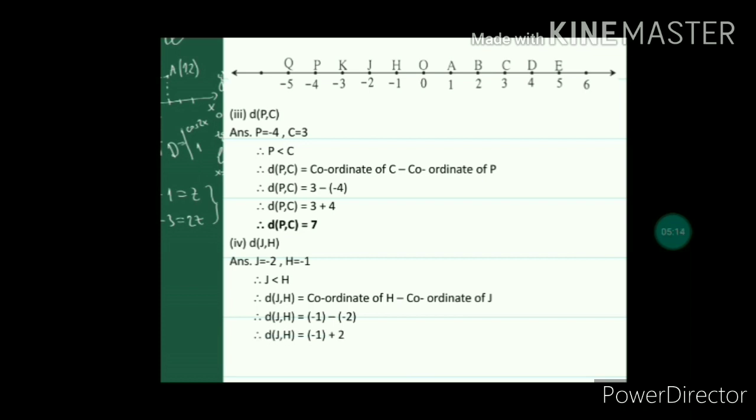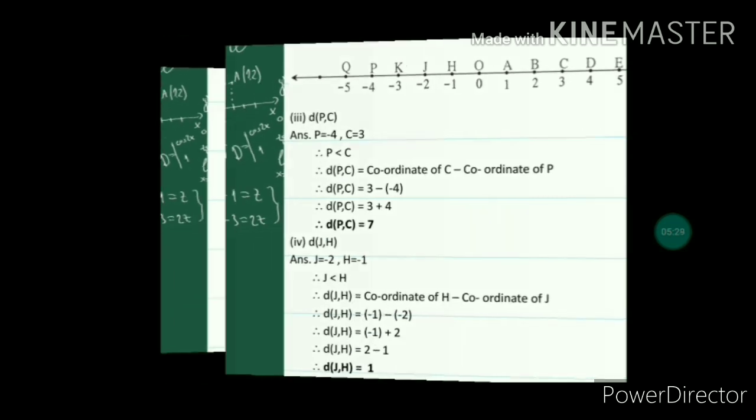Therefore, distance of JH is equal to minus 1 minus minus, plus 2, which is 2 minus 1, so distance of JH is equal to 1.